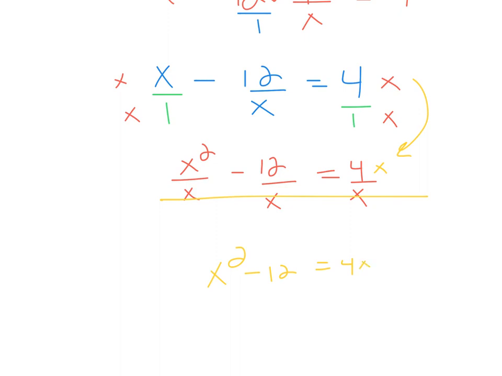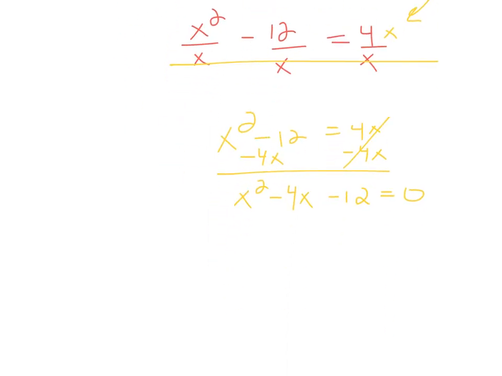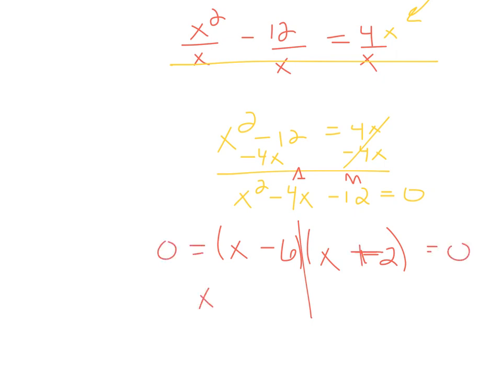Okay, so now I'm going to subtract my 4x over because we know that x squared needs to be 0 in order for our polynomial to be able to factor. So I'm going to factor this trinomial now using AM. Your factors of 12 that add to 4 are 6 and 2. We want a negative 4, so minus 6, positive 2. So the two possible values of x would be 6 and -2.